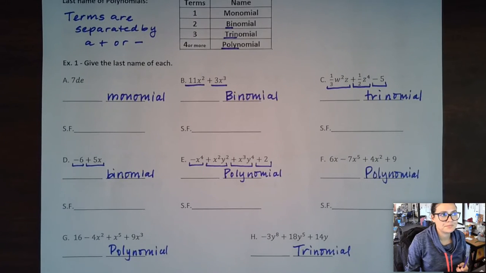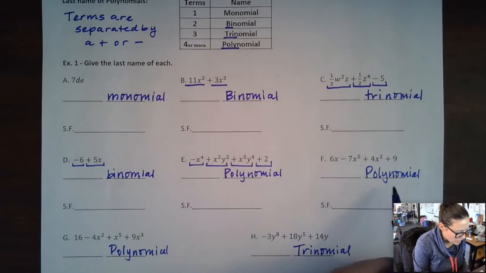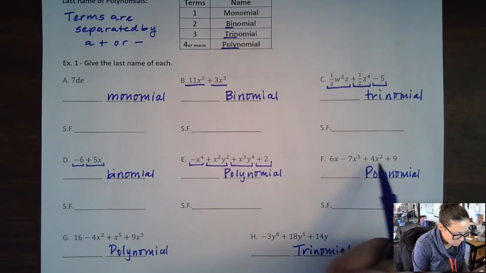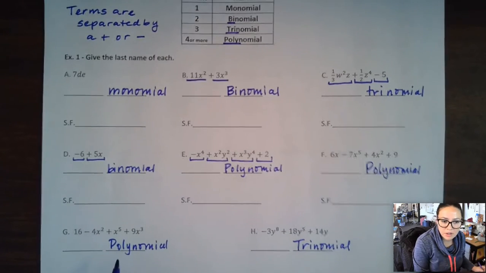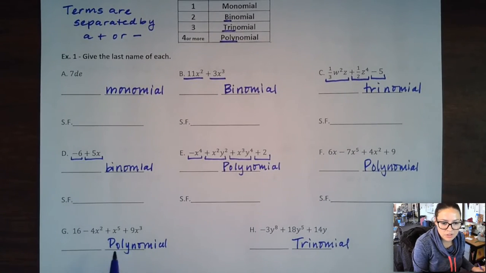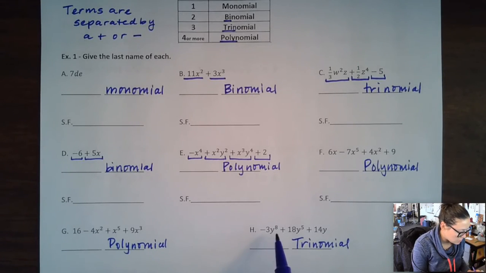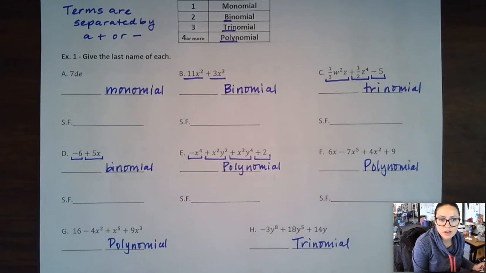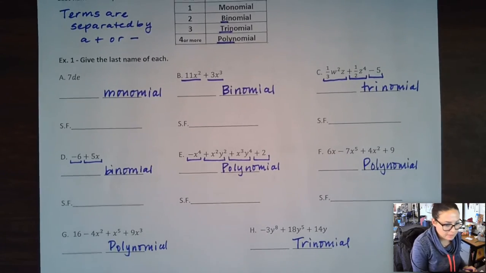All right, so for F, we have 1, 2, 3, 4 terms, so we call it a polynomial. Same thing with G, there are 4 terms. And H, there's 1, 2, 3 terms, so we call it a trinomial.